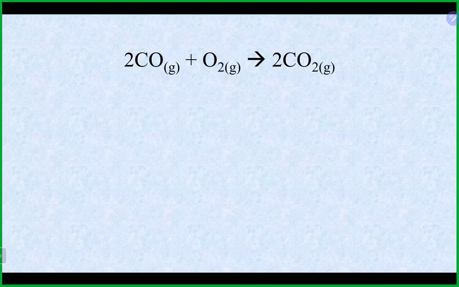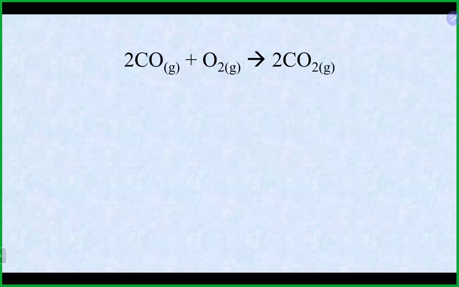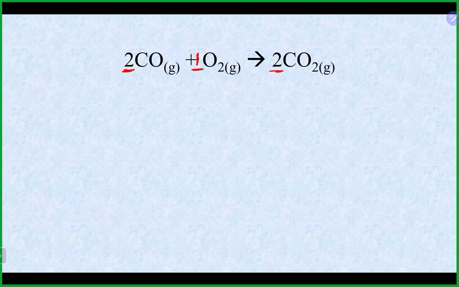So let's talk about how we get these relationships. If we have a balanced equation like this one right here, from this one balanced equation, we could come up with a number of conversion factors that we could use in a particular problem. Looking at just the coefficients here, and obviously if there's nothing written here, it is a 1, right? We could say that for every 2 moles of CO, I need to put in there 1 mole of O2.